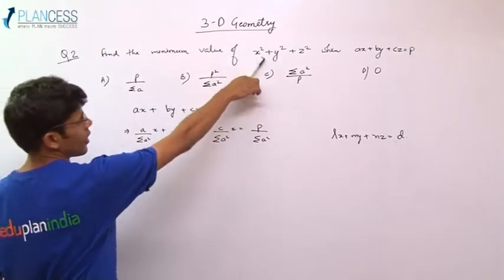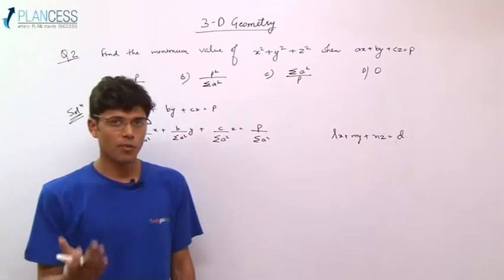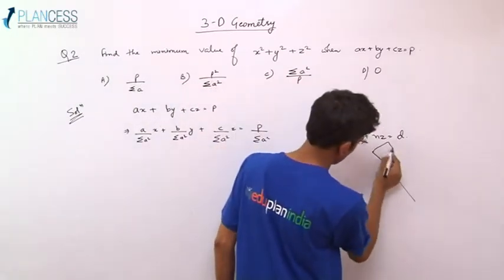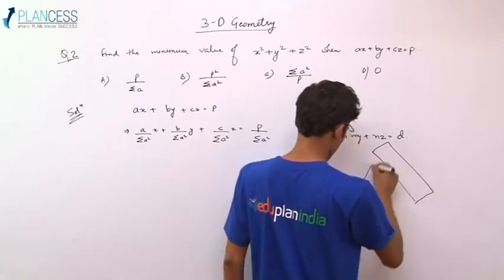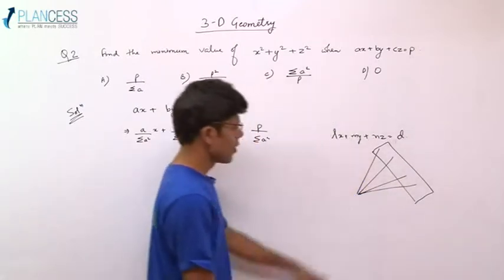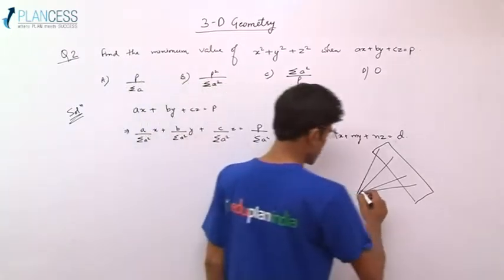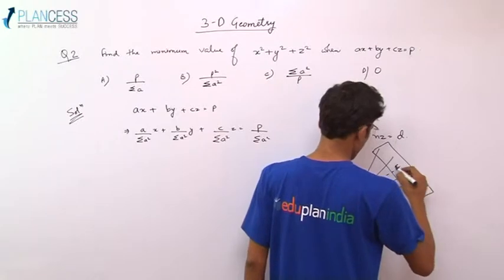And see this thing, x square plus y square plus z square. This is the square of the distance of the origin from any point on this plane. So consider this plane. This is our origin. These are all possible values of x square plus y square plus z square, and it will be minimum when this distance is perpendicular to the plane.